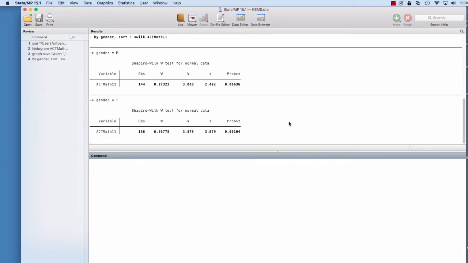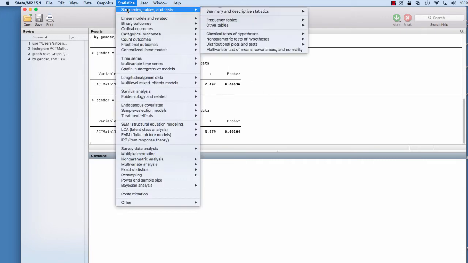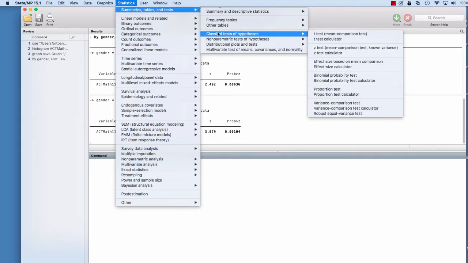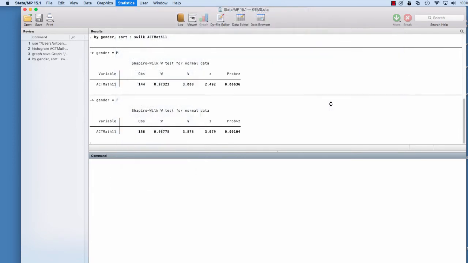The other thing that we want to do before we proceed with the t-test in order to check an assumption is to check the equality of variances. And we can do that again by going to summary, and we can go to classical tests of hypotheses and then variance comparison test.